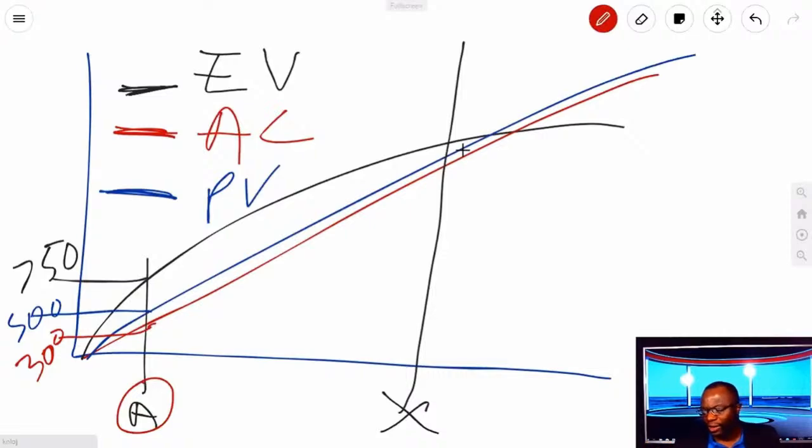You need to know that at point A, you got 3 different values, and they could all be different things. But let me check your chats, because I'm curious to know if everybody got my statement.